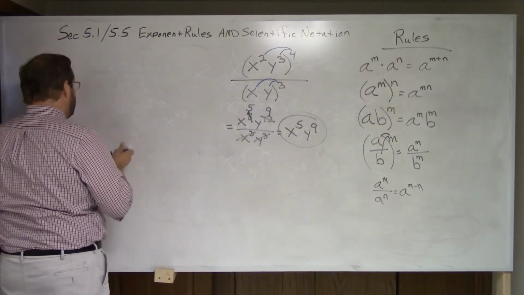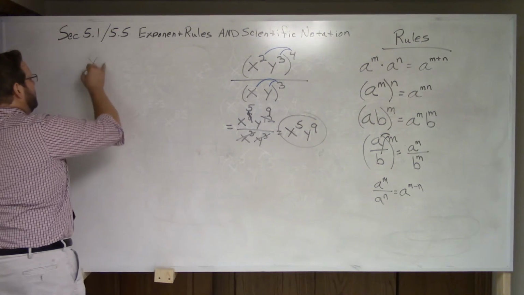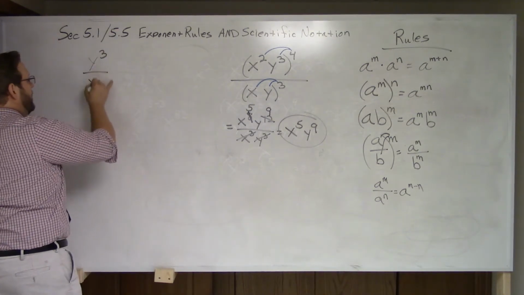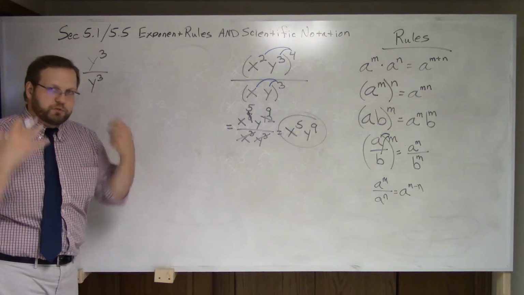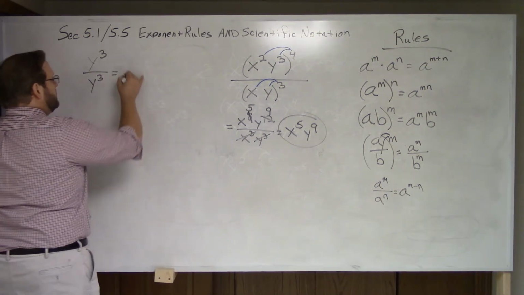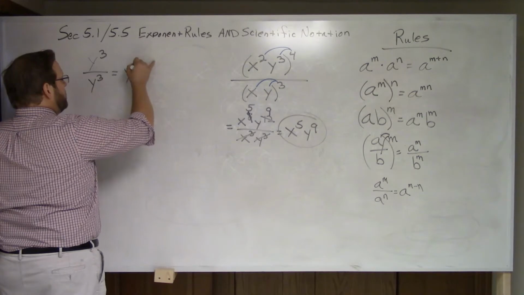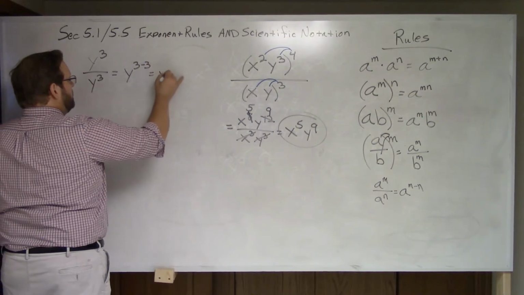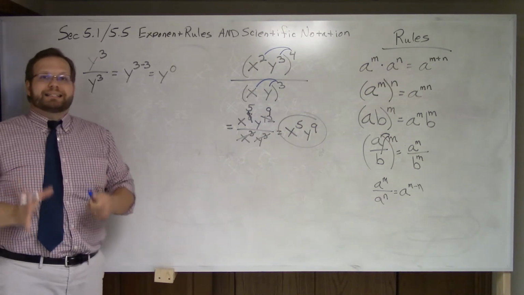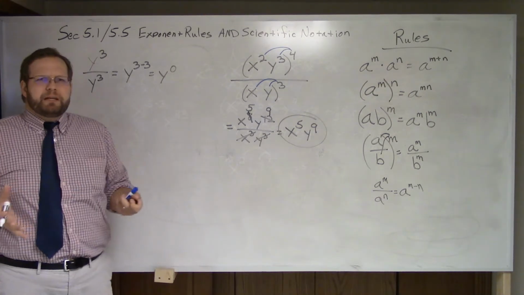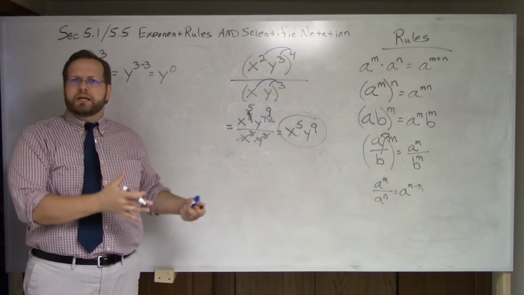Let's say we have y to the 3rd over y to the 3rd. Okay? If I do it just by doing subtraction, then I would have y to the 3 minus 3, which is y to the 0. Okay, no big deal. However, that's not simplified because what does that mean? You're multiplying y by itself 0 times.